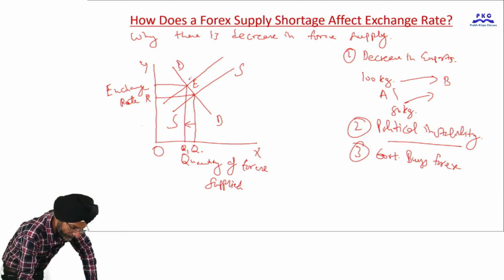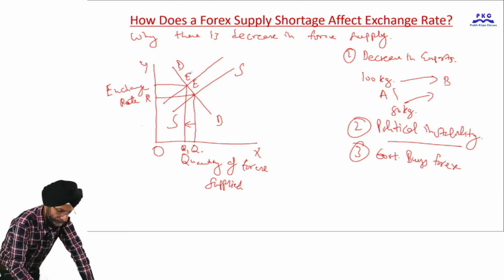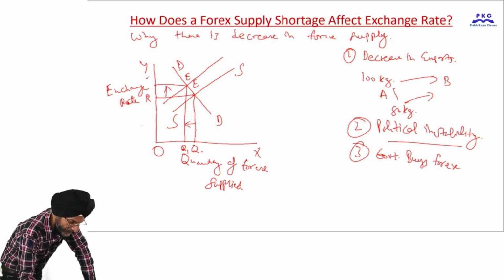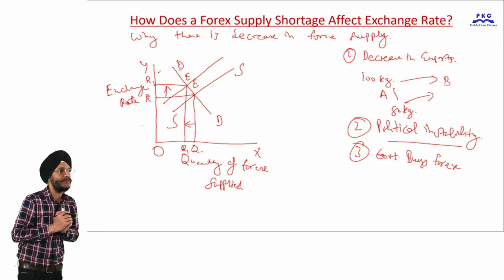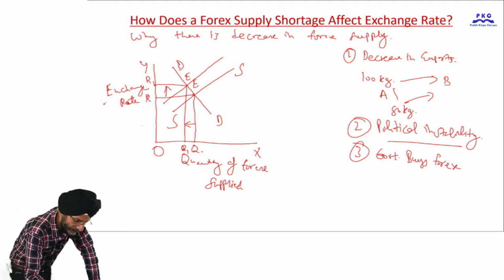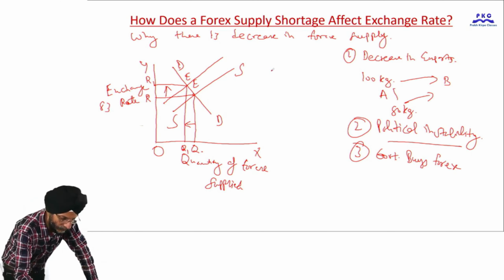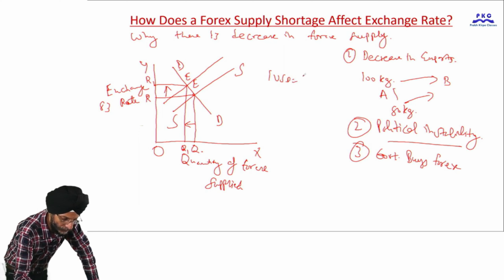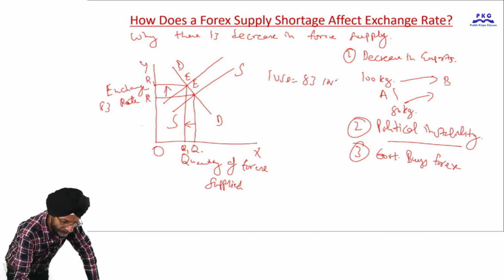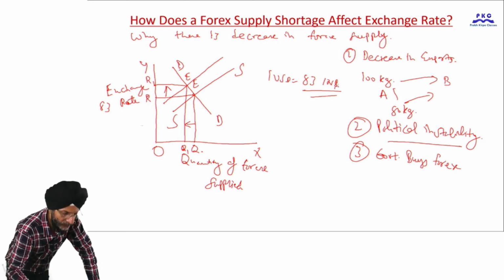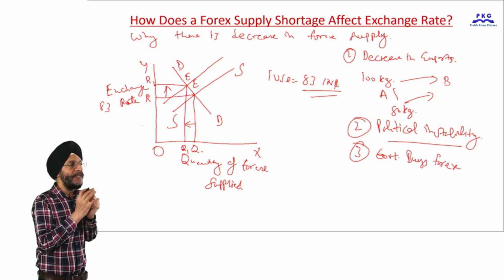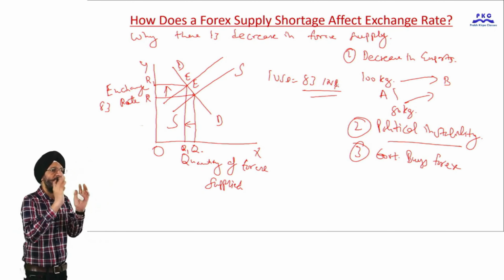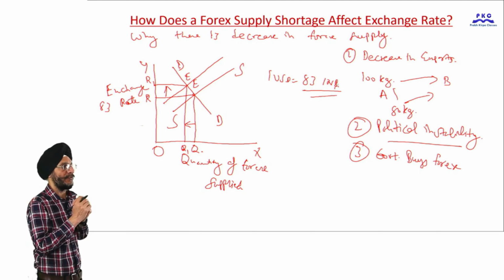Then equilibrium point also shifts upward, and exchange rate also shifts upward. Earlier say the exchange rate was 83. We are supposing here, taking the example of $1 is equal to 83 INR. It means that to get $1, the people living in India will have to pay 83 Indian rupees.